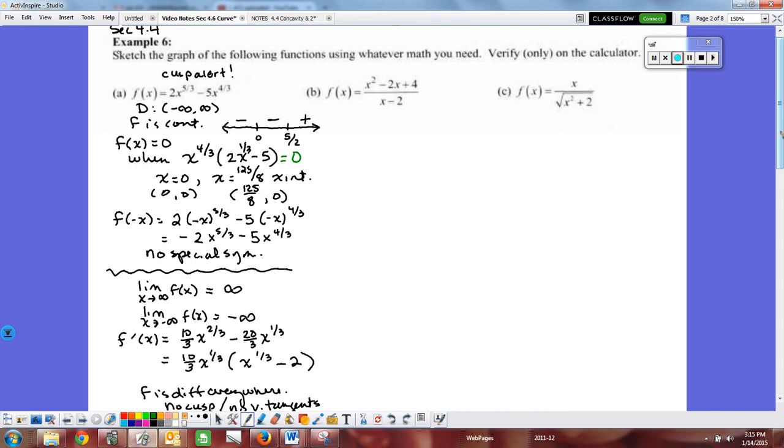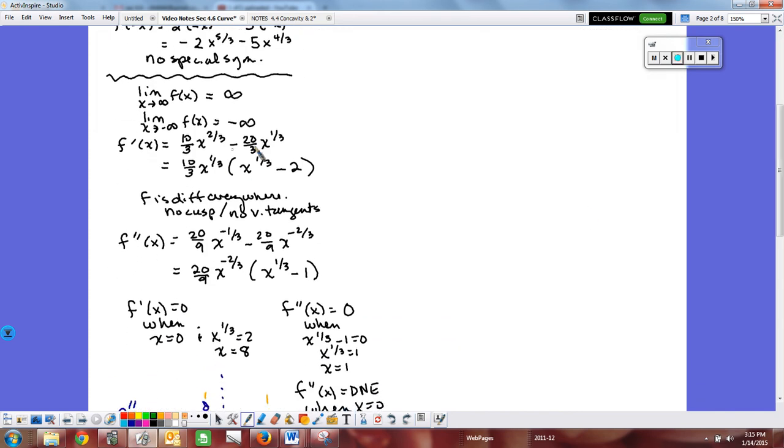We can go down, and now I found the first derivative to use, because I'm going to do the first derivative test and the increasing-decreasing test. I went ahead while I was here and found the second derivative so that I could do the second derivative test for concavity, and then use the second derivative to help me with points of inflection, or extrema, however we want to look at that.